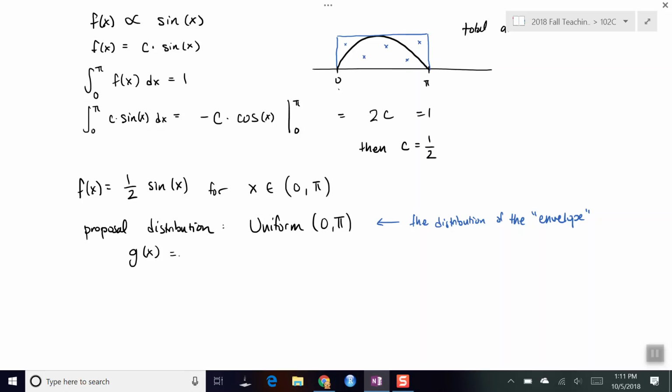It's a PDF, so the total area has to be 1, so what do we have? The function value is 1 over pi, okay? And this is for 0 less than x less than pi, and then 0 elsewhere.